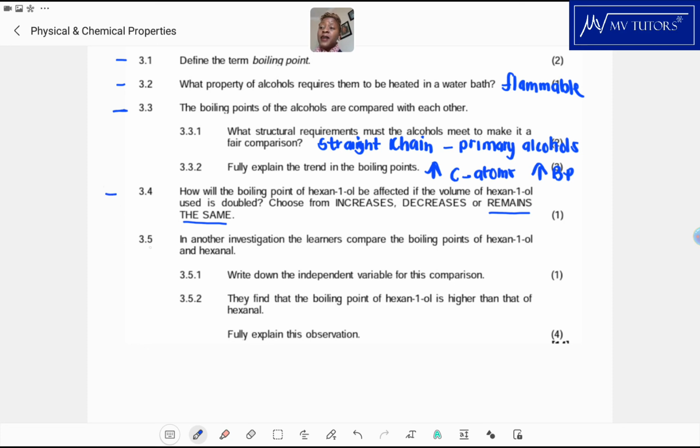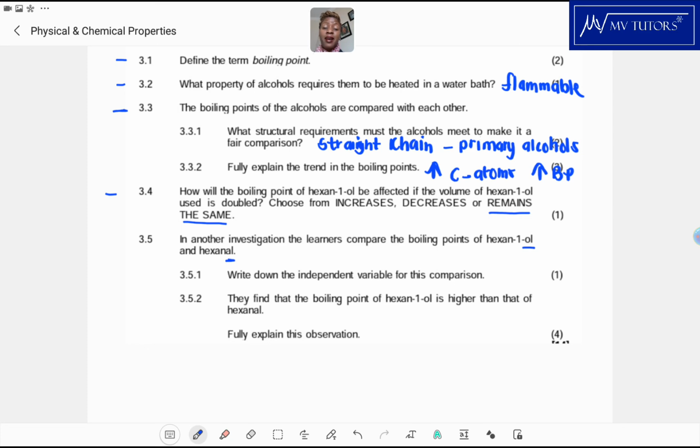Okay, so 3.5. In another investigation, the learners compare the boiling points of hexan-1-ol and hexanal. So be careful here, guys. Here you have an alcohol, OL, alcohol. But AL, that is an aldehyde. Okay, an aldehyde, similar to ketone. They are functional isomers.